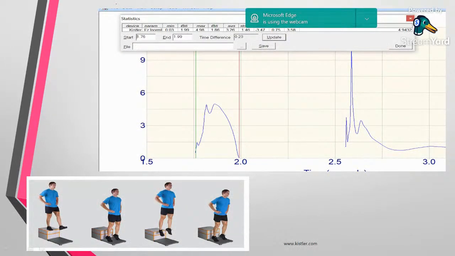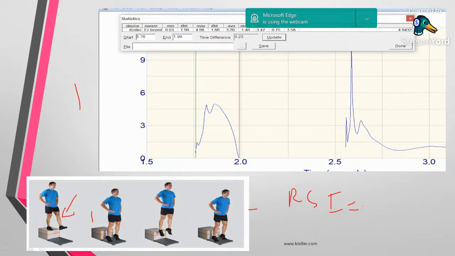Then this is the drop jump. You ask the player to jump from a certain height, and then you find out the reactive strength index. That means how quickly you are converting your elastic energy into muscle contraction, how much elastic energy is transferred to your muscle contraction.